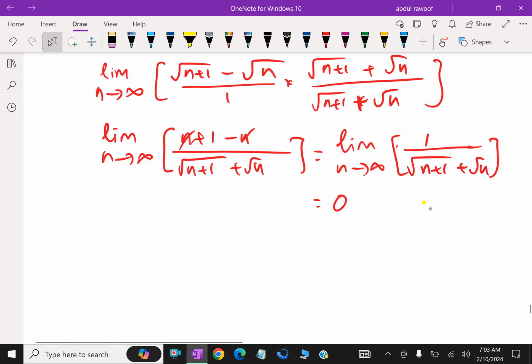This limit gives 0 because if you apply n plus 1, that is infinity plus 1 is infinity, square root of infinity, infinity plus infinity in the denominator, and 1 over infinity is 0.